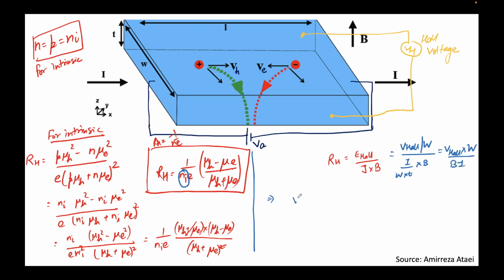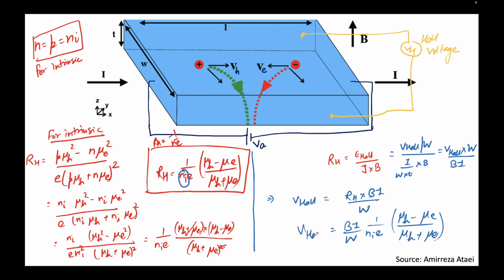This gives V Hall equal to RH times BI over W, and I'll replace the value of RH that we obtained here. RH is 1 over Ni e times mu H minus mu E over mu H plus mu E. So this is the expression for Hall voltage that we have obtained for an intrinsic semiconductor.